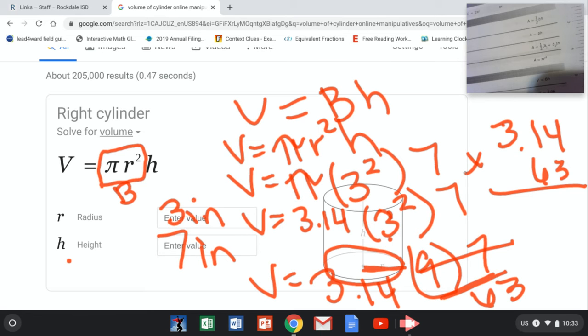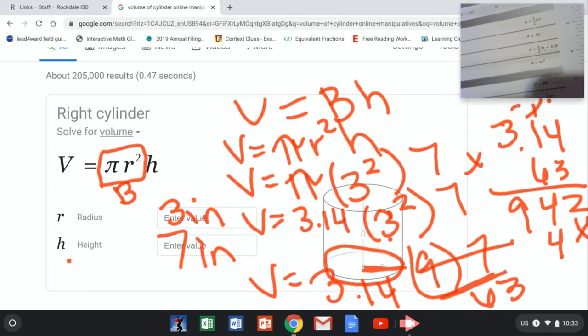So 3 times 4 is 12. Carry my 1. 3 times 1 is 3. Plus 1 is 4. 3 times 3 is 9. Move over. 6 times 4 is 24. Carry that 2. 6 times 1, 6, 7, 8. And then 6 times 3 is 18.